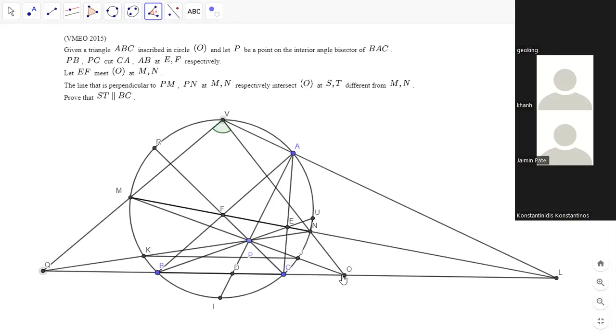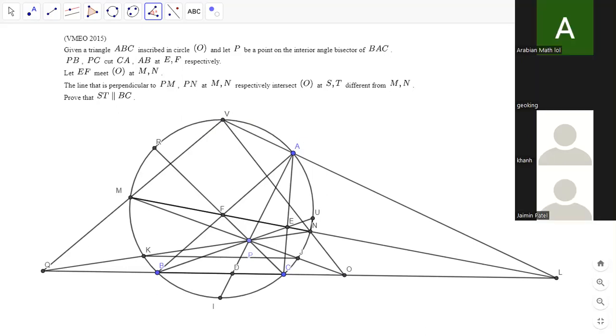Well, that would mean MVN would be 90, so I don't think so. But it's interesting that NP intersects it at Q. That seems like it shouldn't have that hard a proof. So M and N are where EF meets the circle, and then NP cuts BC at Q, and we want to show Q, M, and V are collinear.